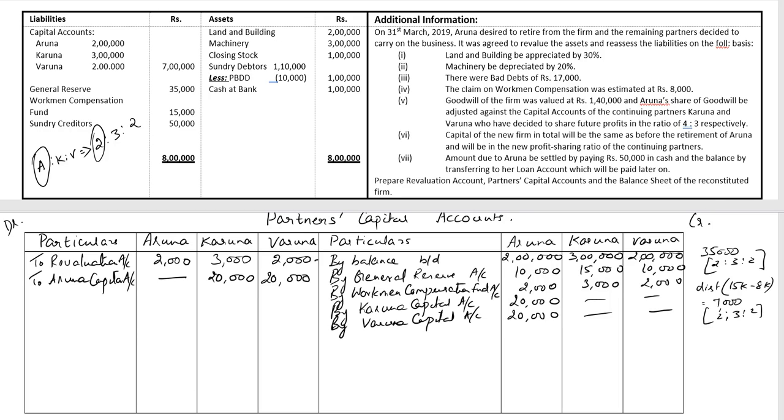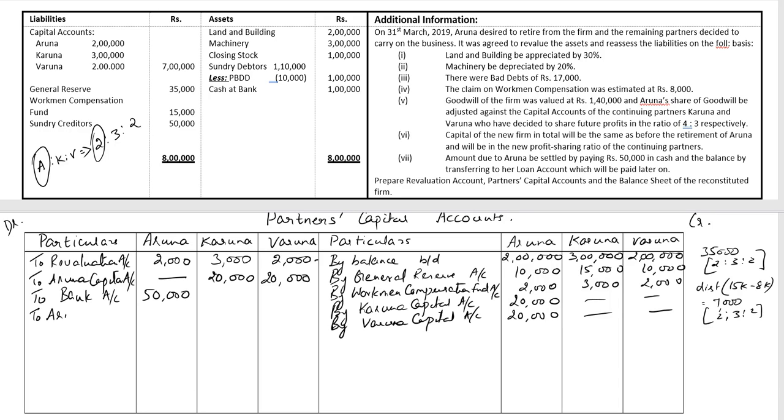We will close the account of the retiring partner Aruna. As per point 7, Aruna is to be settled by paying rupees 50,000 in cash. So we'll pay cash rupees 50,000. So to bank account 50,000, and the balance should be transferred to Aruna's loan account.